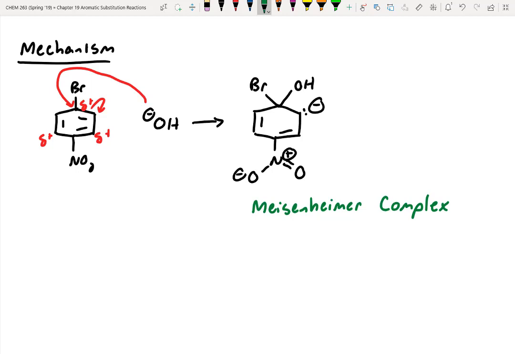All right, so if we think about this, why is this unusually stable? Resonance. We can go ahead and dump electrons down here, all the way up to that oxygen. So that electron withdrawing group is actually stabilizing formation of the negative charge on the aromatic ring.